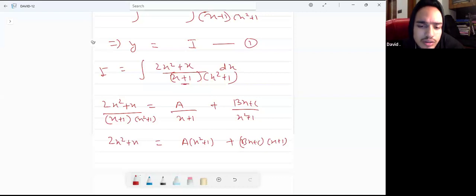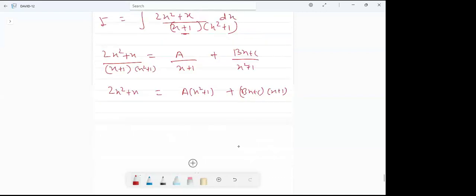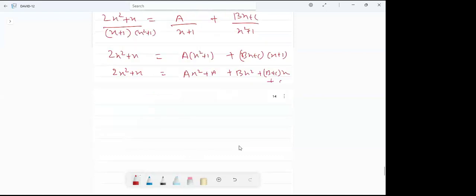So we have 2x square plus x equals to a x square plus a plus b x square plus b x plus c x plus c. Now we can write 2x square plus x equals to (a plus b) x square plus (b plus c) x plus (a plus c). Now equating the coefficients from both sides.